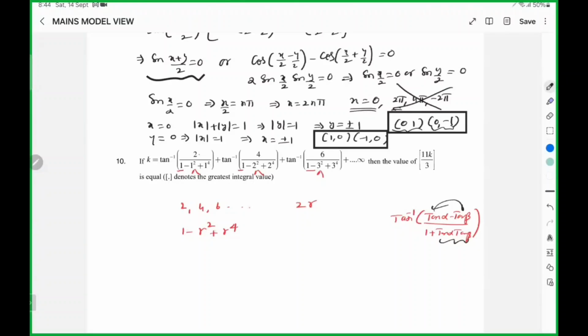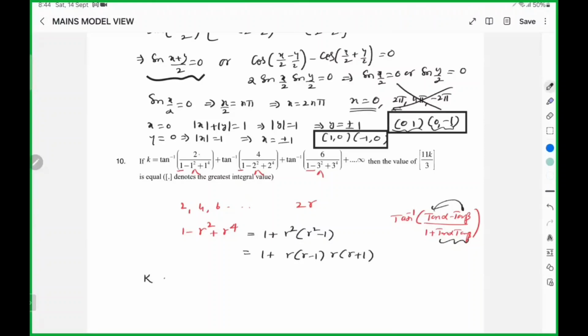This I will write as 1 plus r square, if you take common, r square minus 1. This I will write as r into r minus 1, r into r plus 1.